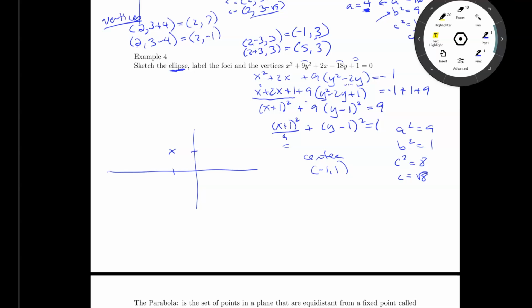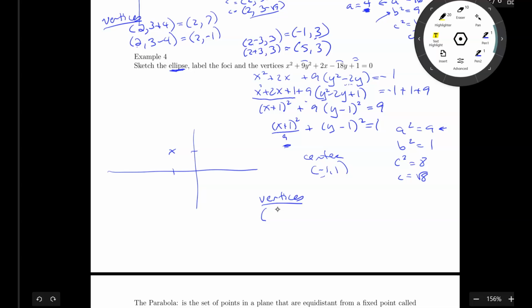Okay, so since the larger number is under the x-axis, I'm going to be adding and subtracting the a value. So I'm going to add and subtract the a value of 3 to the x.